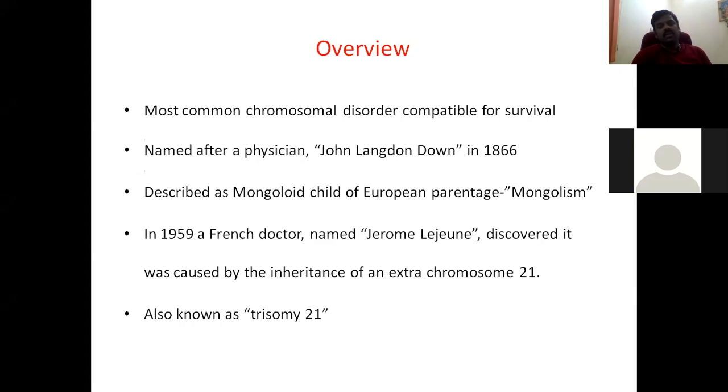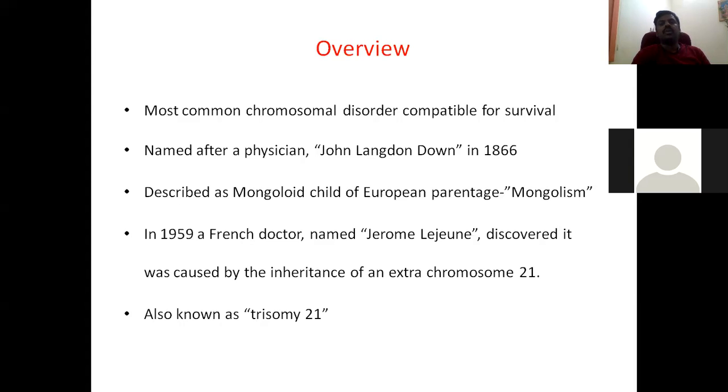Majority of chromosomal abnormalities will end up in miscarriage. So we cannot clearly find out the most common chromosomal disorder prevalent in the community. But since they are surviving and compatible for survival, we are seeing this more.